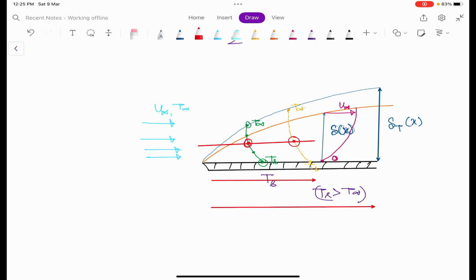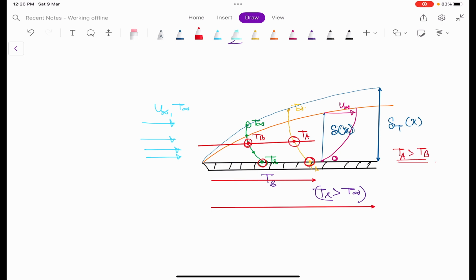The answer is that the fluid has entered more in this section. The plate has a greater temperature than the fluid, so its work is to heat the fluid. The more the fluid enters along the plate, the more it will be heated. That means if I consider this as TA and this as TB, obviously TA is greater than TB.